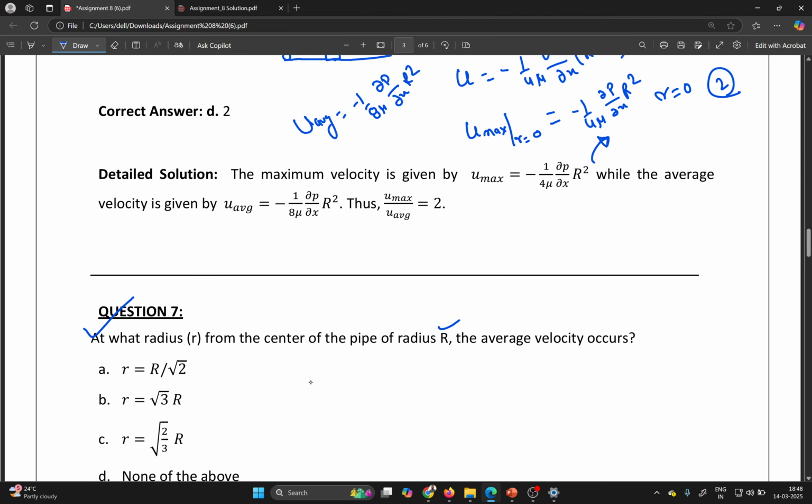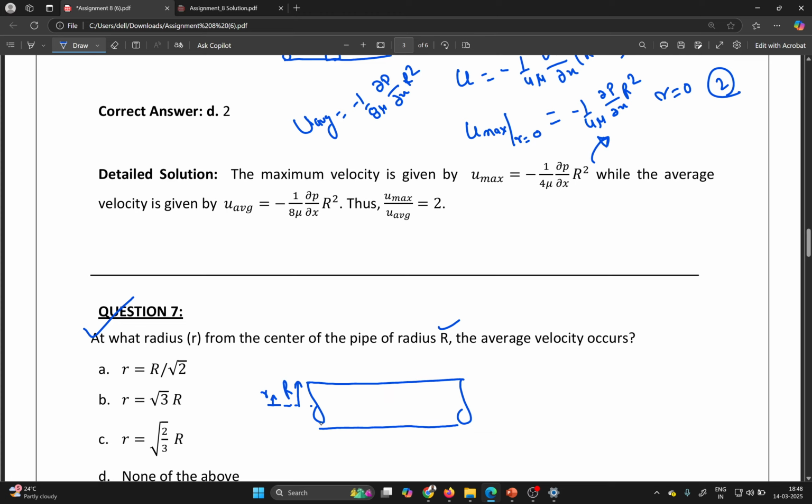The question is, if this is the pipe, assume with radius R, and the variation in the radius direction is small r, right?